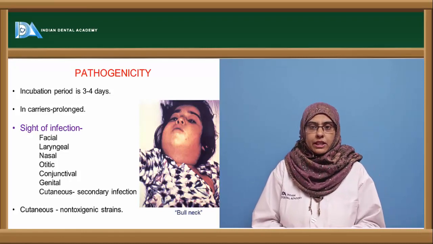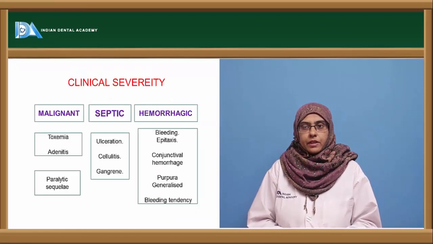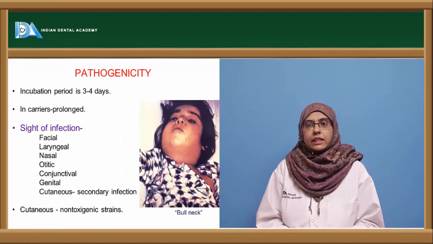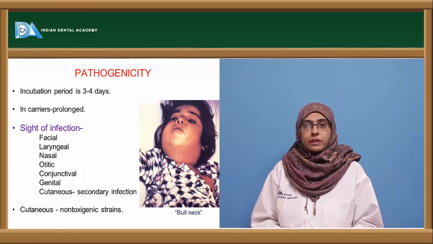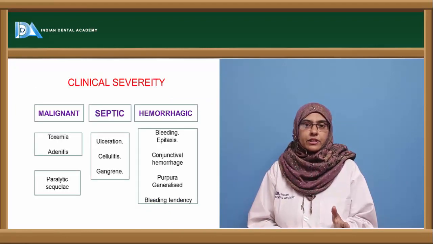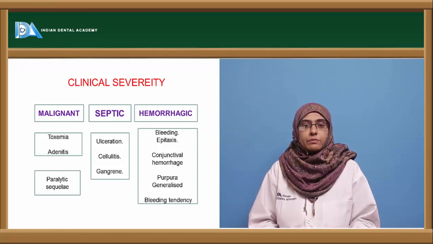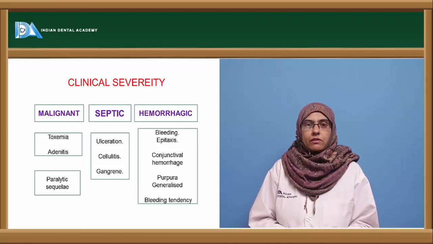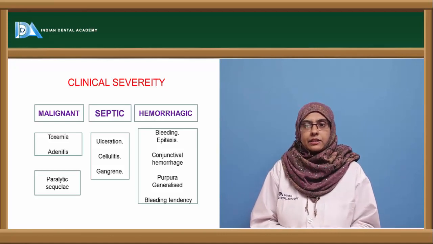And coming to the clinical severity, first we'll discuss the facial infections, which are the most common type, varying from catarrhal infections, or inflammation involving the mucous membrane, to widely spread infection involving different areas of the face.